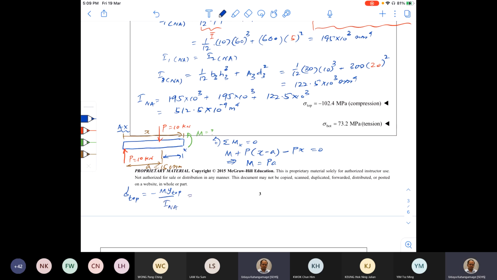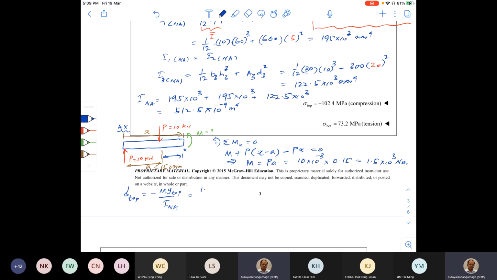So M is equal to P into A. We know the value of P, right? So if you want, we can write P is 10 kilonewton into 10 power 3 into A is 150, that is 0.15. So if you simplify this one, you get that it's equal to 1.5 into 10 to the power 3 Newton meter.